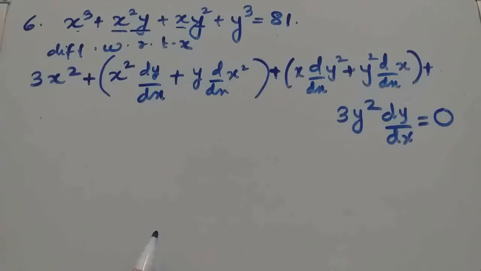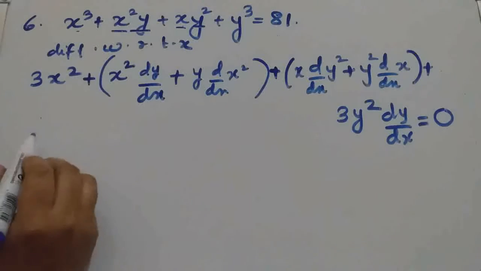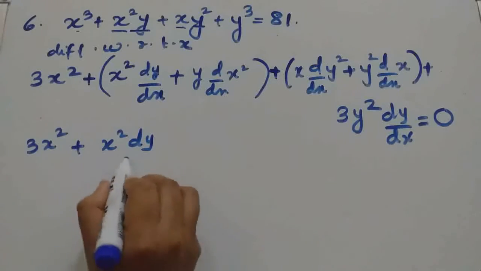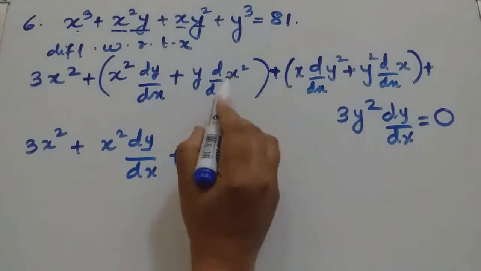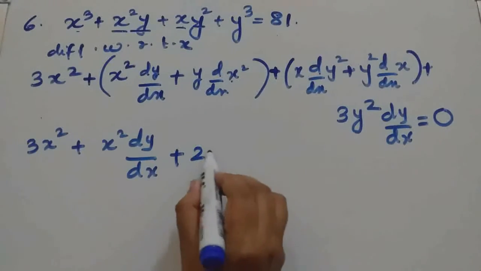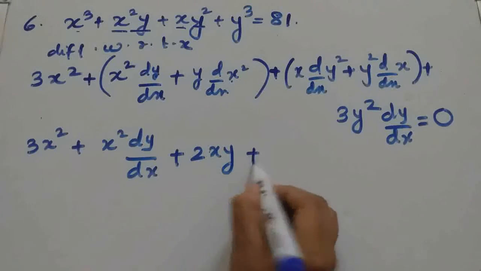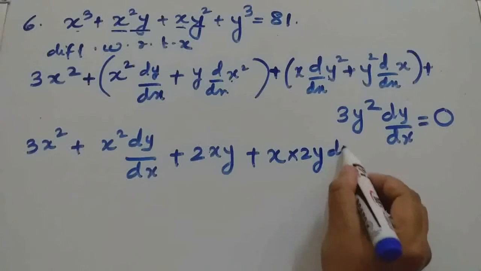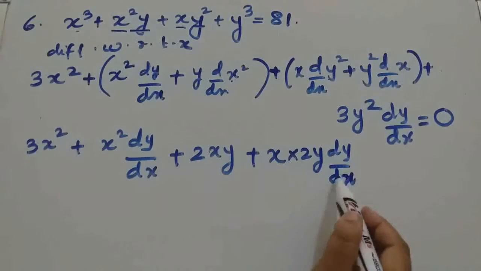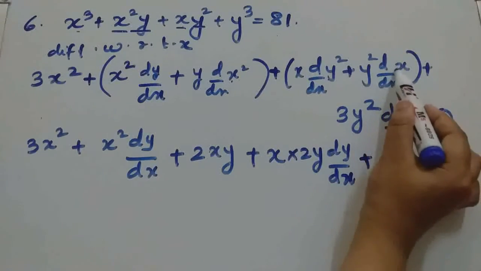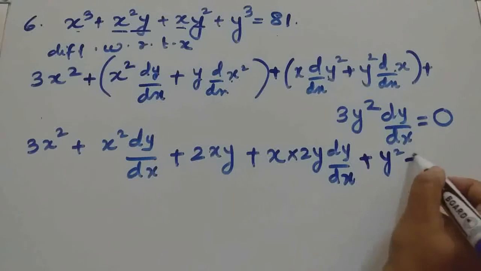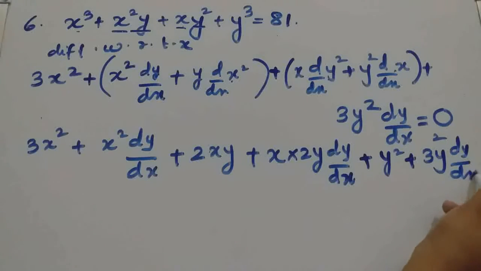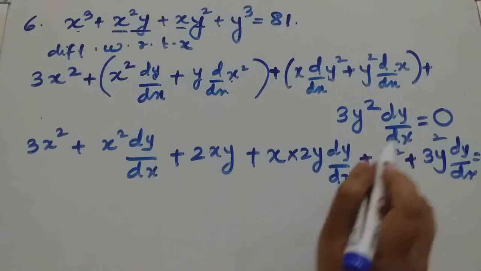Constant function derivative will be 0. Now 3x square dy by dx. See, derivative of x square is 2x, so I am writing 2xy. Here derivative of y square means 2y, and again derivative of y, isn't it? Composite function. Here derivative of x is 1, so y square plus 3y square dy by dx equals to 0.